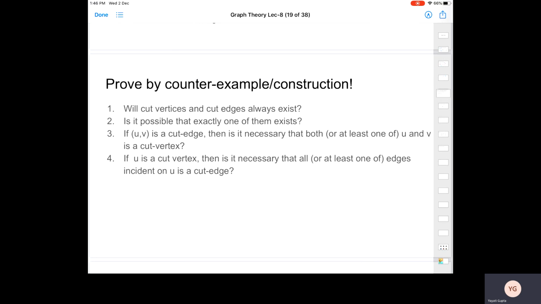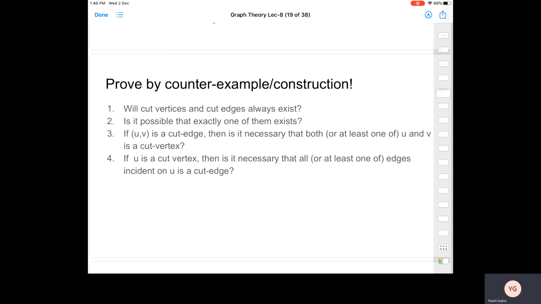Okay. Next one. Is it possible that exactly one of them exists? Exactly one of either the cut vertex or a cut edge? Actually, questions 2, 3, and 4 are related, so let's quickly read questions 3 and 4.